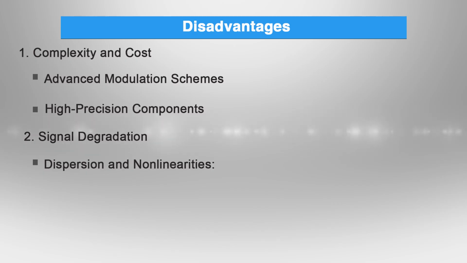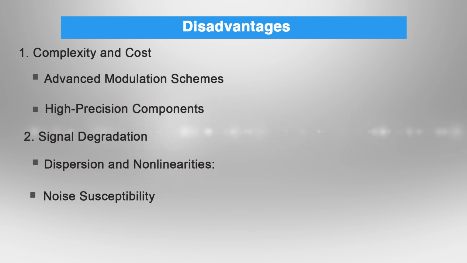Optical signals can suffer from dispersion, both chromatic and polarization mode, and nonlinear effects like four-wave mixing and self-phase modulation. These effects distort the signal, especially in advanced modulation schemes with dense spectral efficiency.